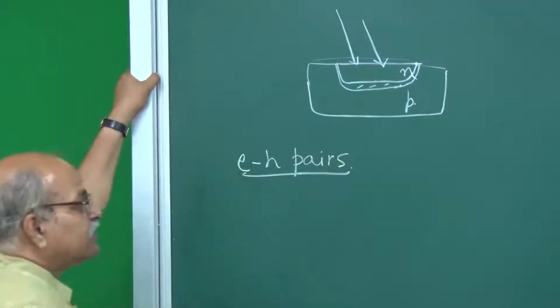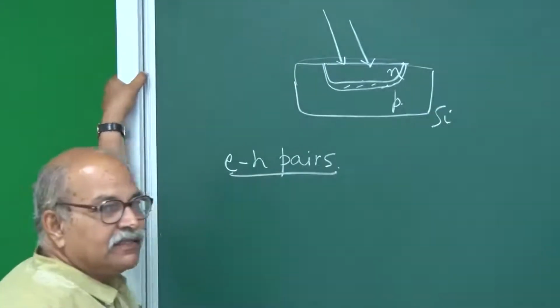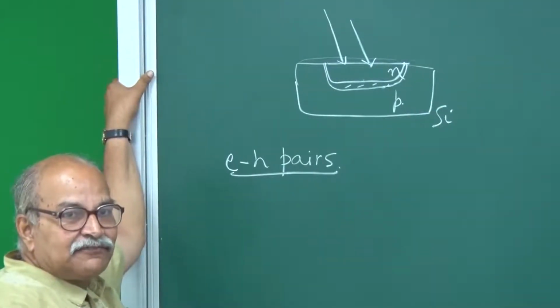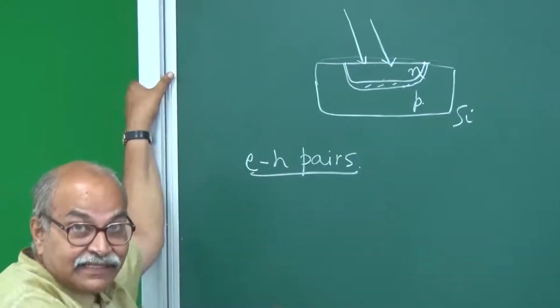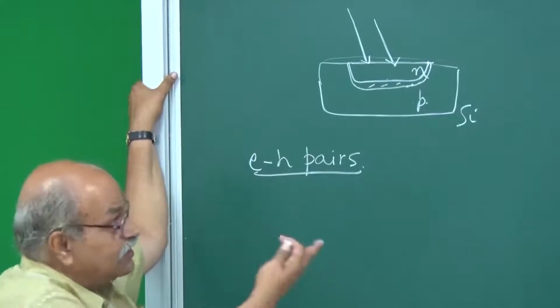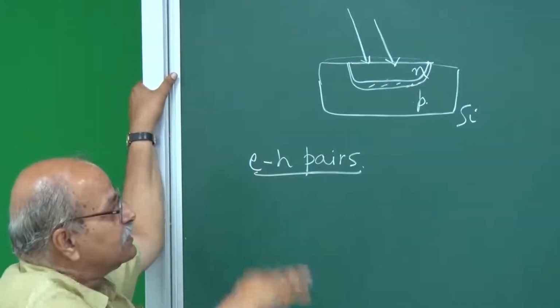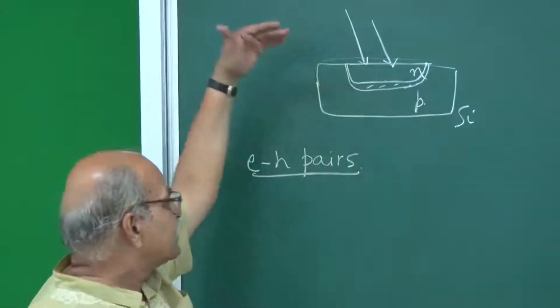Now, there is a catch here. This is silicon I am talking about, and silicon is an indirect band gap material, and therefore this type of absorption is less likely, but still whatever the probability is, it is being used to make these silicon solar cells.